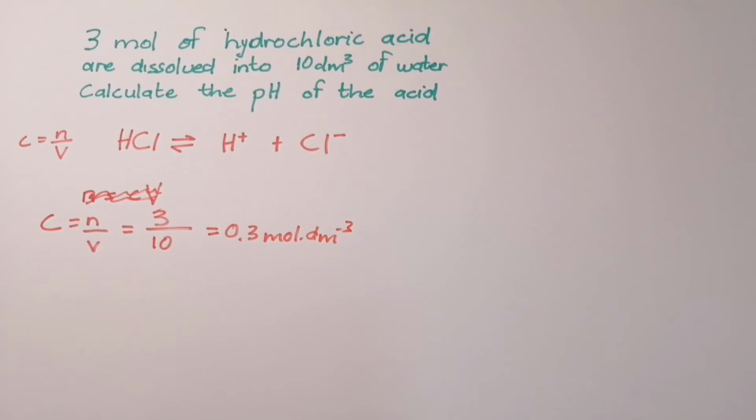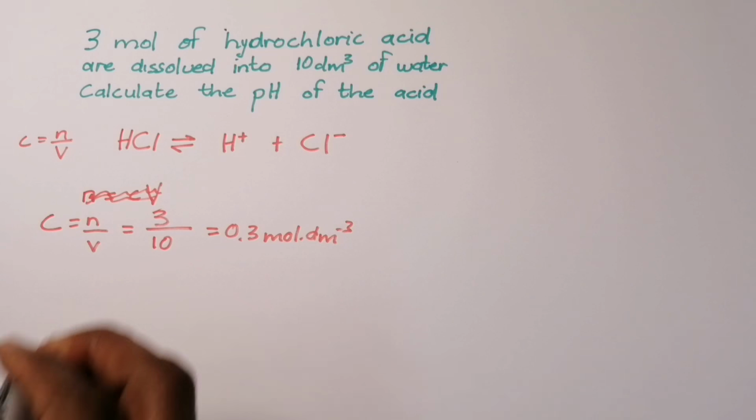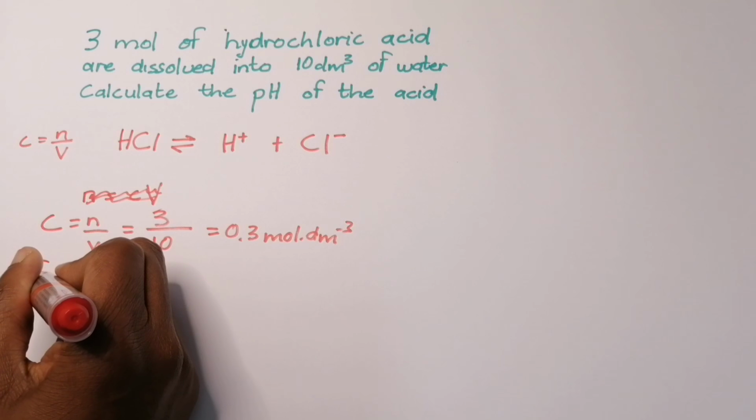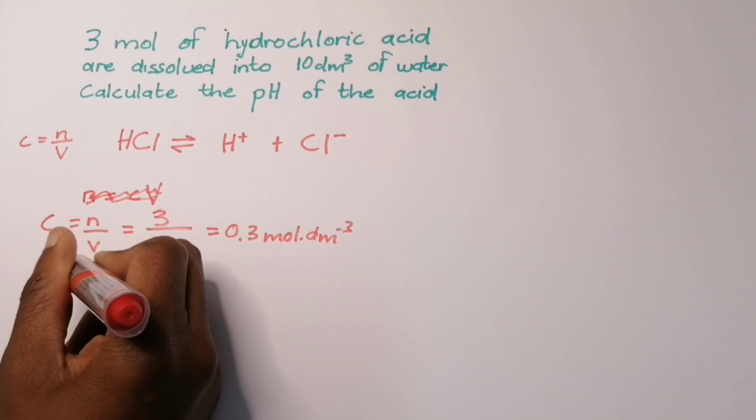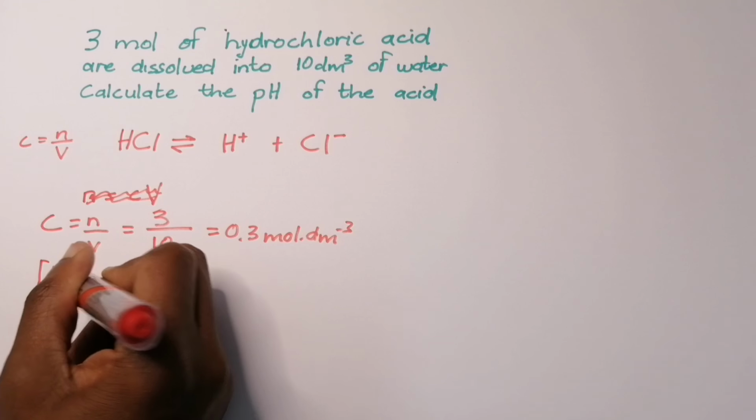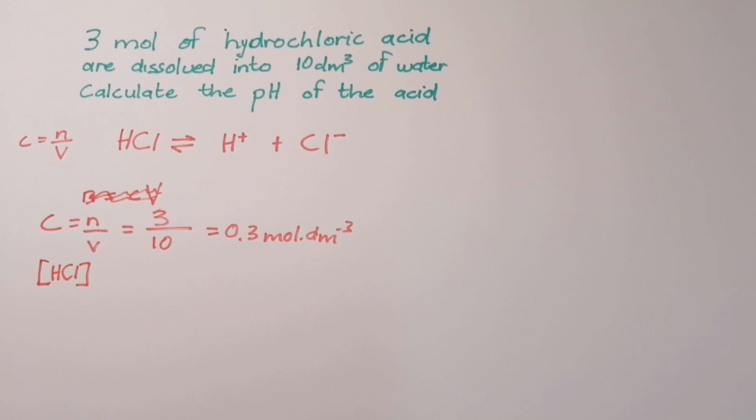Now, question is, can I now calculate the pH? No, I can't. Remember, what did I just find? I found the concentration of HCl. And note, this is a very common error that people make.